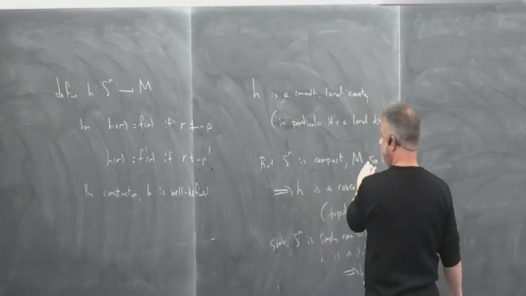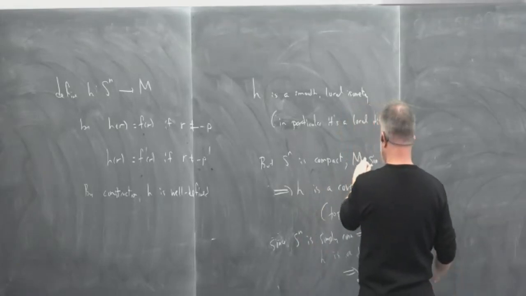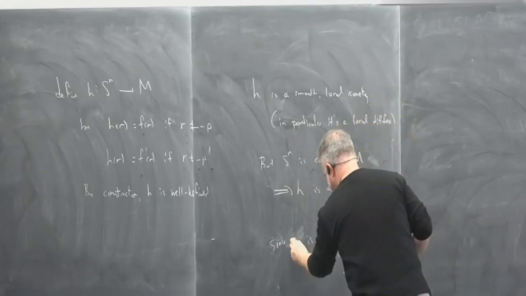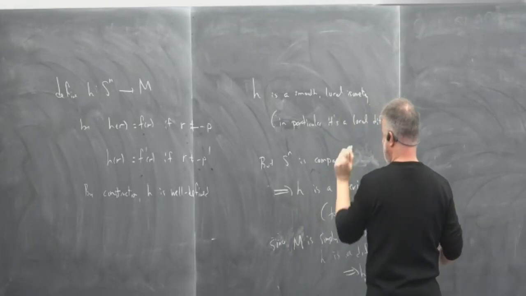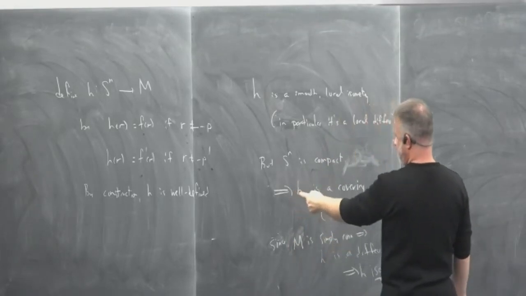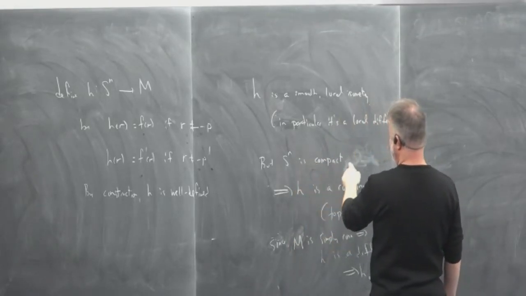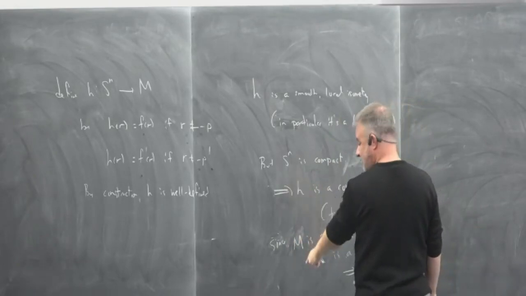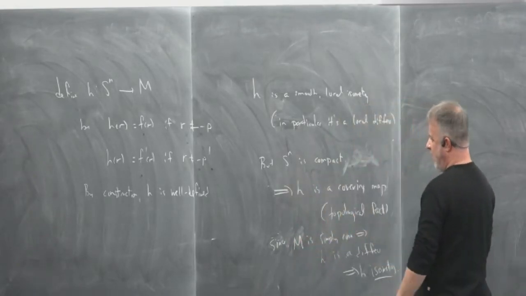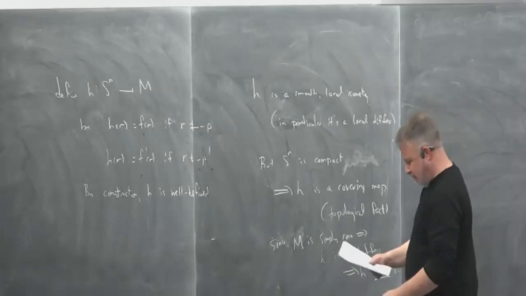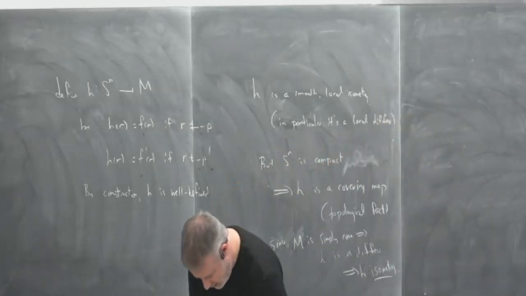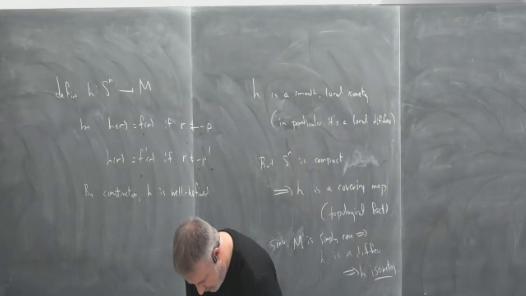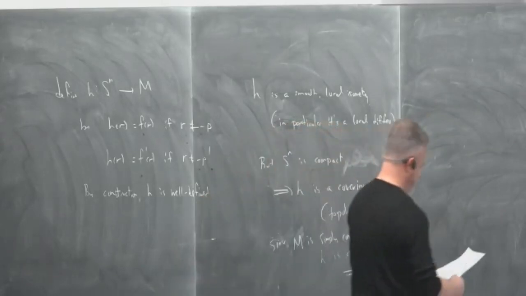I'm going from, have I messed this up again? M. Thank you. I have a local diffeomorphism from Sn to M. And because Sn is compact, this is a covering map. But then I have a covering map from Sn to a simply connected space. That means it's a diffeomorphism. Okay, another mistake. Oh no, I wrote the right thing in my notes. I just didn't say the right thing in class.